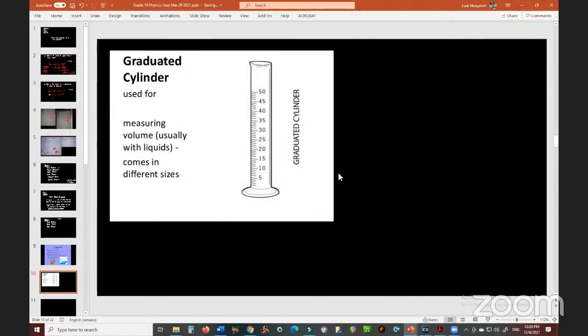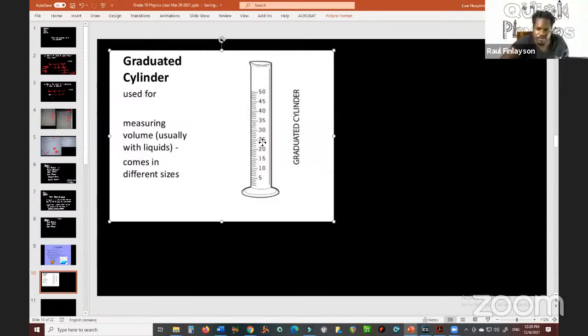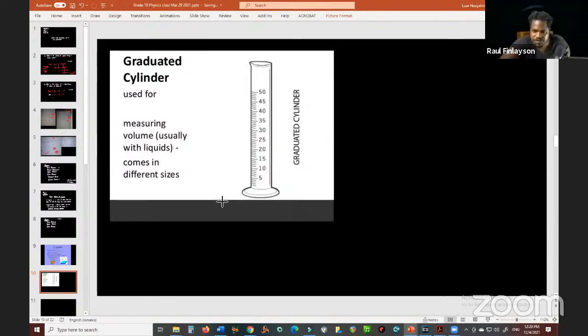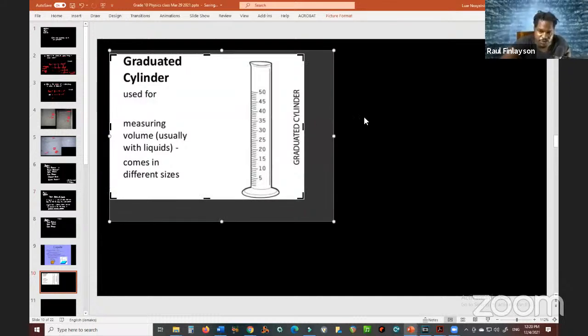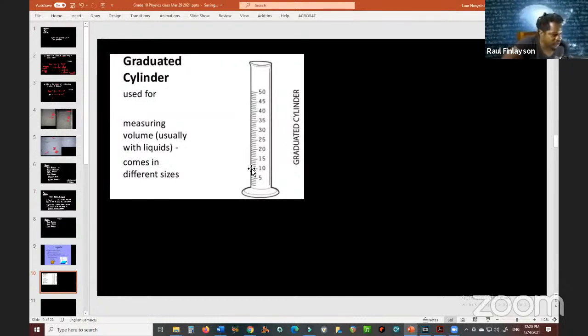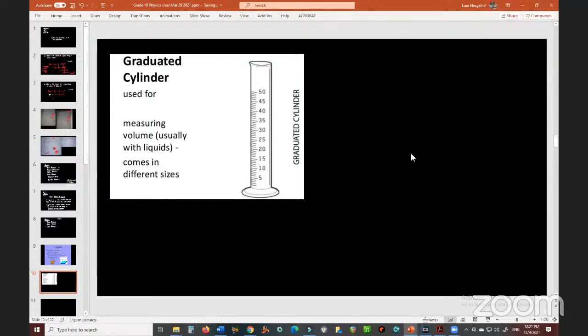All right, I like the answer, because that definitely is true. If you pour a liquid in it and continue to pour, you'll notice that the level of the liquid will rise, and that's what we mean by gradation. It's going to move from one number to another. Everybody understand that? Yes, sir.